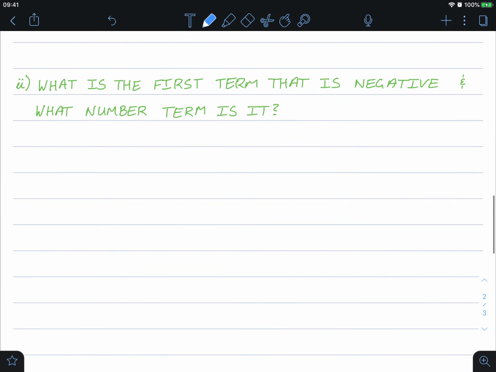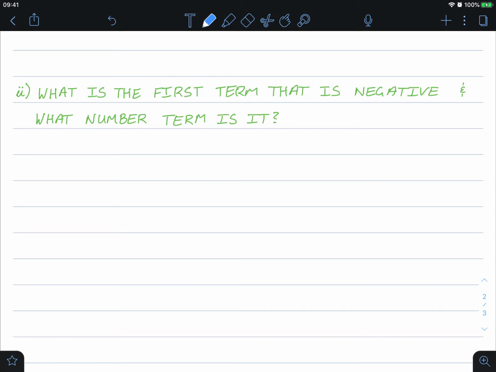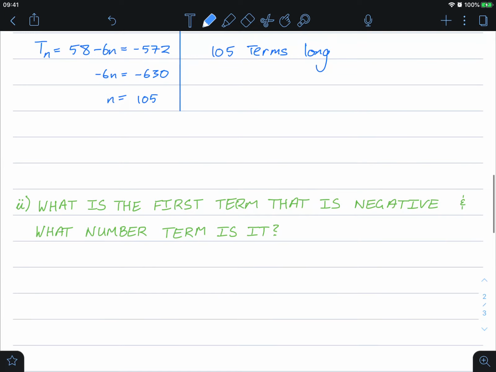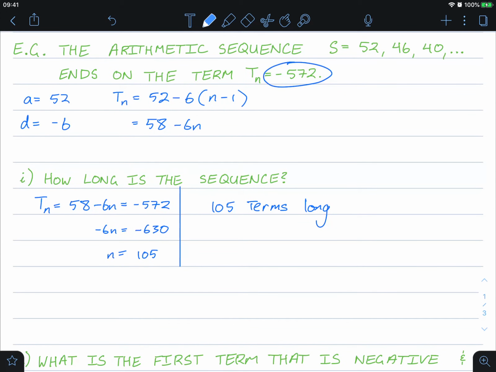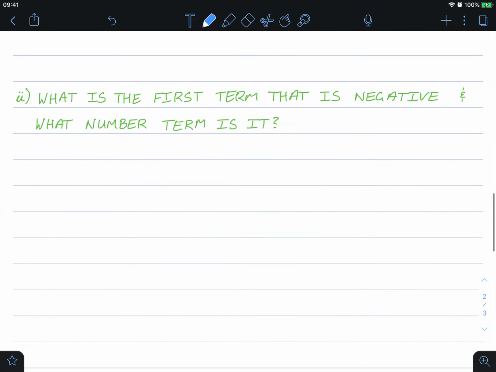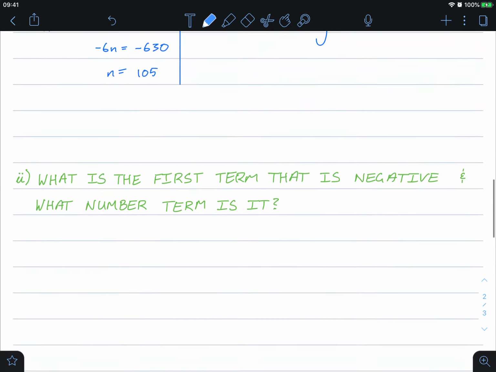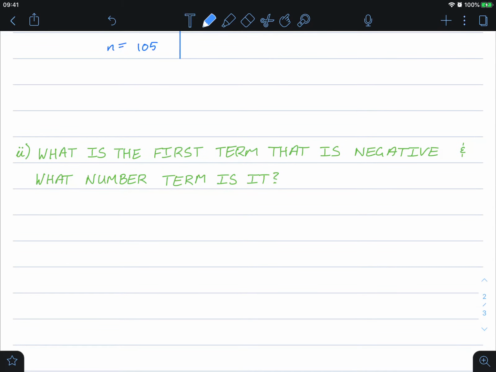What is the first term that is negative, and what number term is it? So this one is rather difficult, because in the previous question we were told the exact number. In this one, we're not being told what the number is. However, we're being told that we're looking for a negative number. So in this case, we say Tn, some number term, is less than 0.